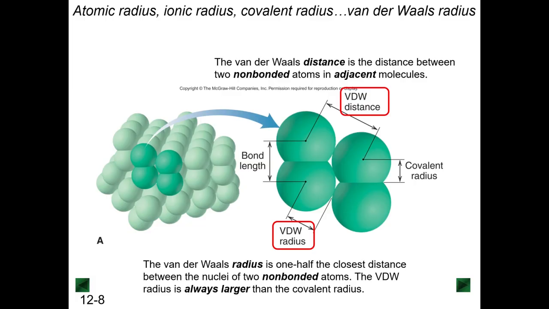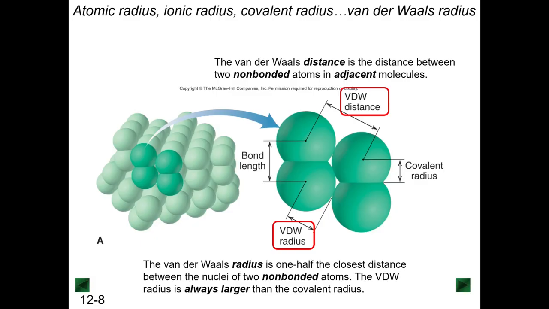Now we're going to look at something called the van der Waals radius. The van der Waals radius is the distance between two non-bonded atoms in different or adjacent molecules. So different molecules now that come up next to one another, they have a van der Waals distance. And that van der Waals distance then can be converted to a van der Waals radius, right?